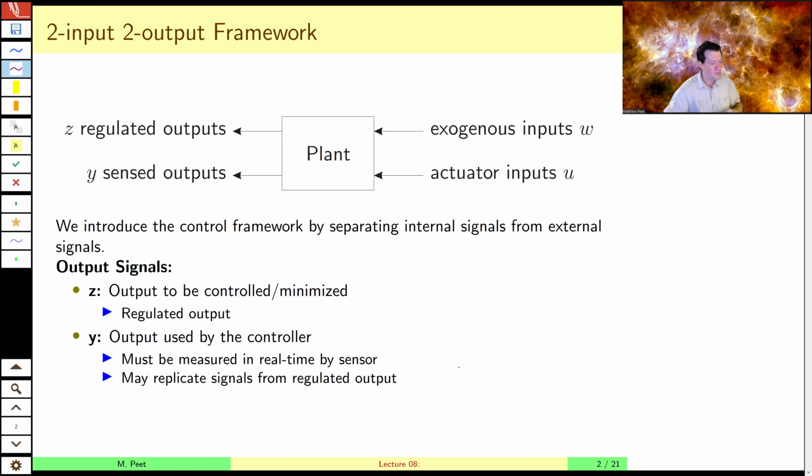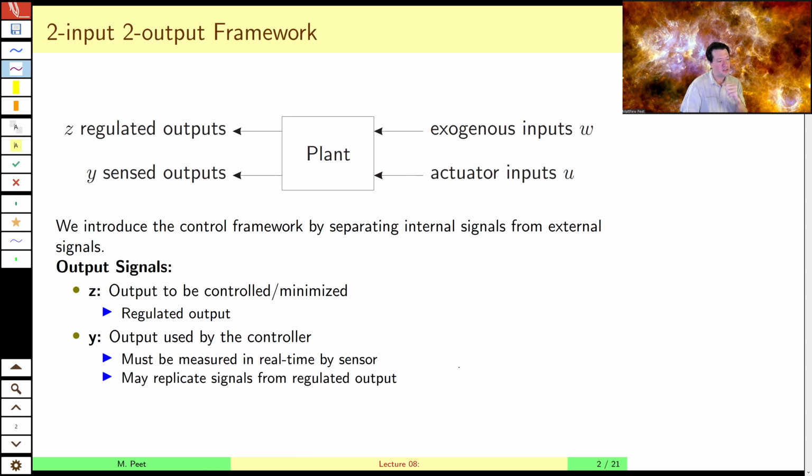In this first slide, we talk a little bit about separating those inputs and outputs. In particular, we focus on the outputs here, separating our regulated outputs from our sensed outputs.